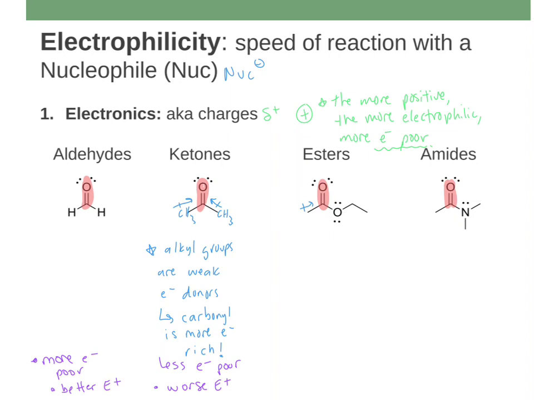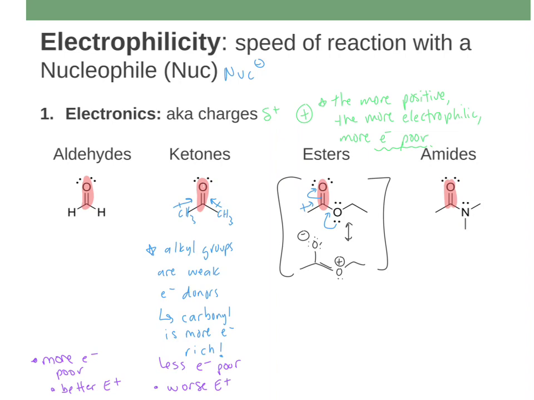Same exact thing here, because I can draw electrons dropping down and kicking up. I can draw a resonance structure with this where I've got O minus, double bond O, my ethyl piece still, and a positive. I have these resonance structures.